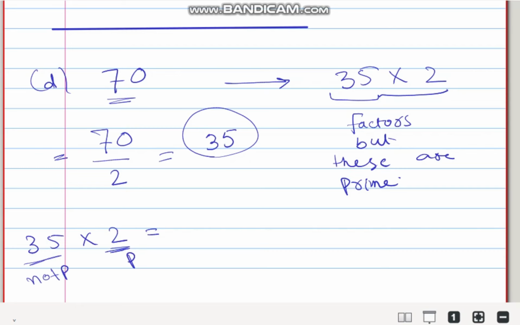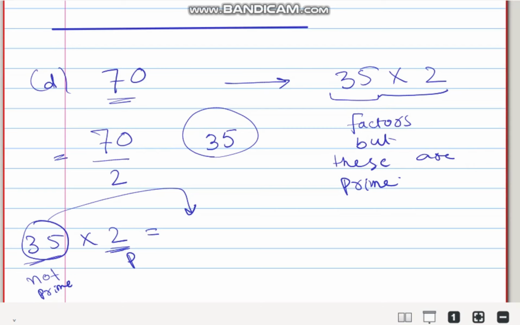Let me write here the whole spelling of prime because some students will be confused. Not prime. But just think about 35. How can we break 35? I know the tables. We remember the tables, and we also studied them in previous classes. These are just basic, simple things of primary mathematics.